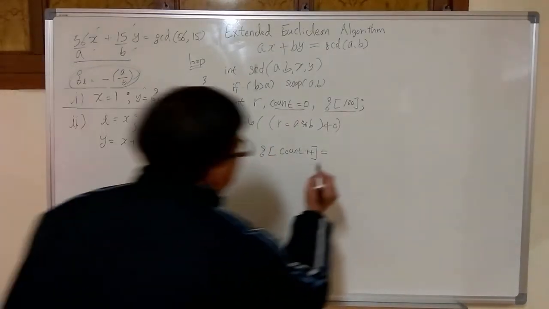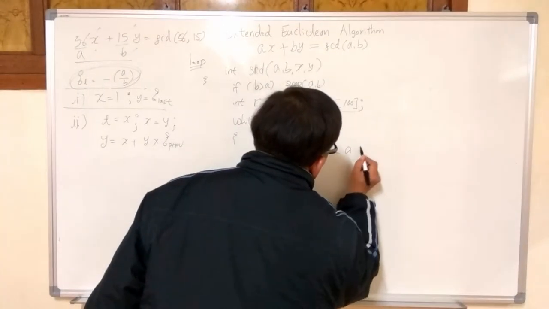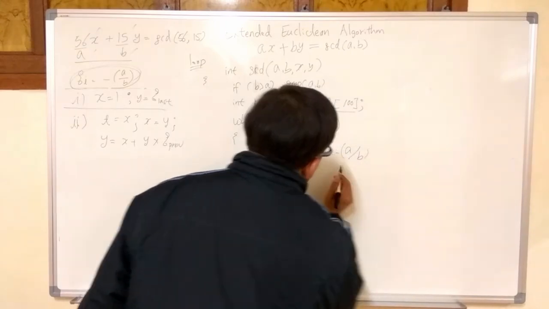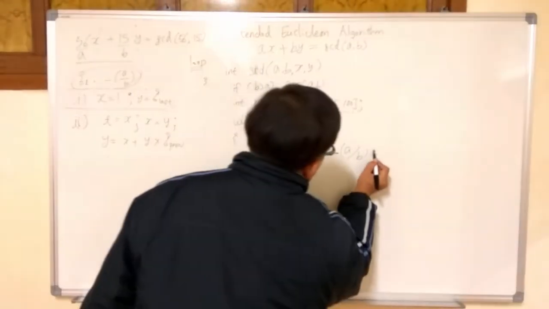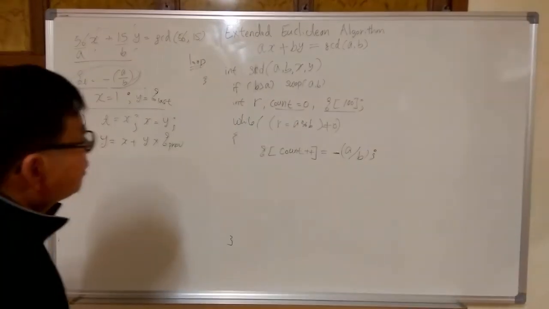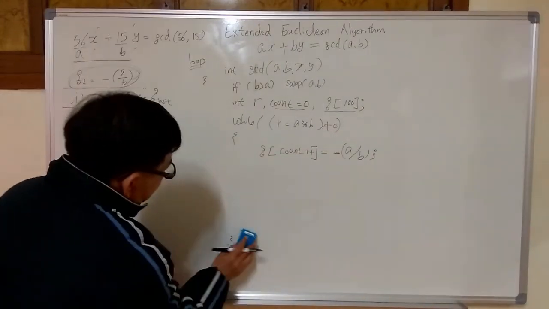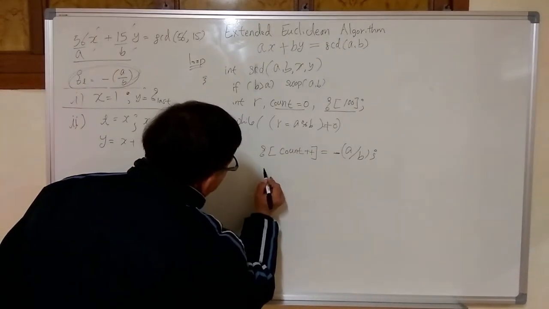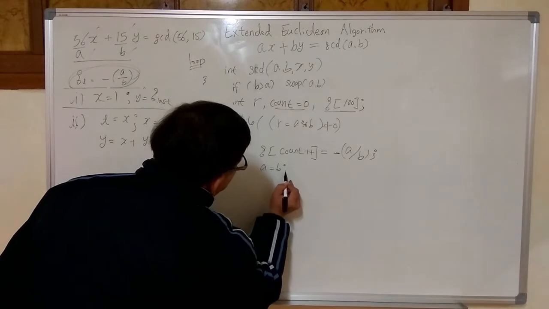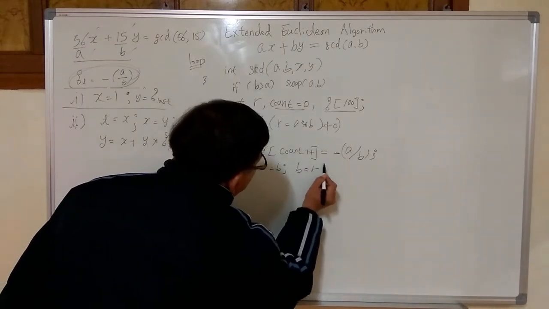Then we let A over B, please remember this minus symbol like this. Then the remainder is the same as we have done before. A equals B, B equals R.